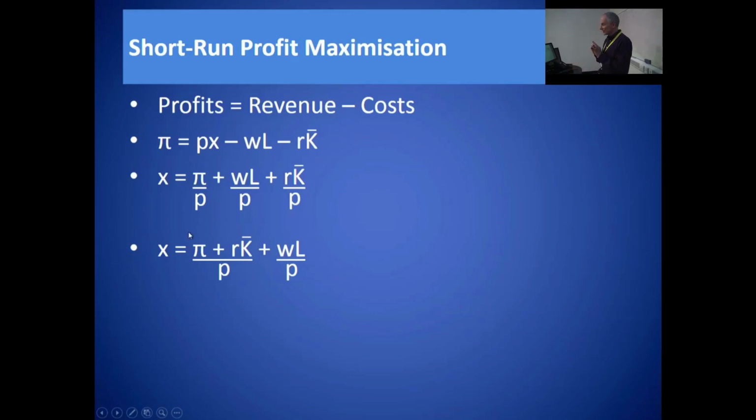And what that is telling us is that there is a relationship between output and labour. X is the output, L are the number of units of labour employed. And that is the relationship we want to find.